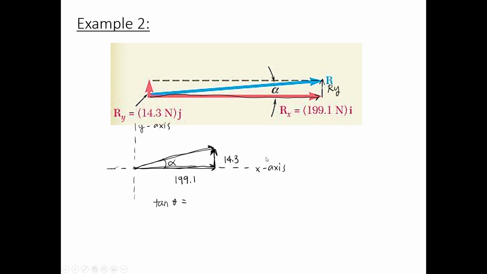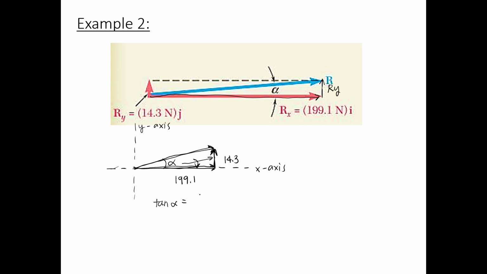Instead of theta, since the problem is alpha, let's make it alpha. Opposite the angle, adjacent of the angle. So tangent is opposite side over adjacent side.